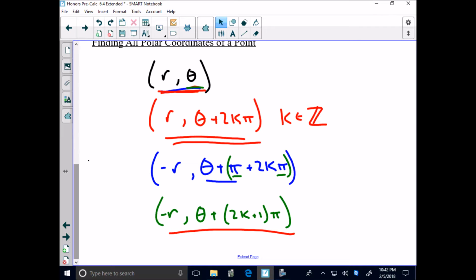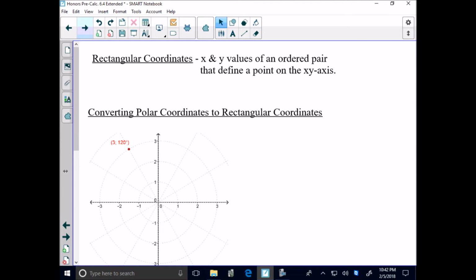Now, what we're going to do next is talk about ways in which we can convert our polar coordinates to rectangular coordinates and our rectangular coordinates to polar coordinates. And what we're going to say here is that we can convert from one pair of coordinates to the other with vectors, right? So in general, right here, what we want to think is the vector is basically a way of defining the action of getting to the point when we extend that vector from the origin.